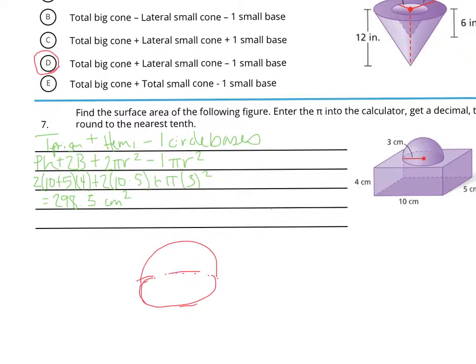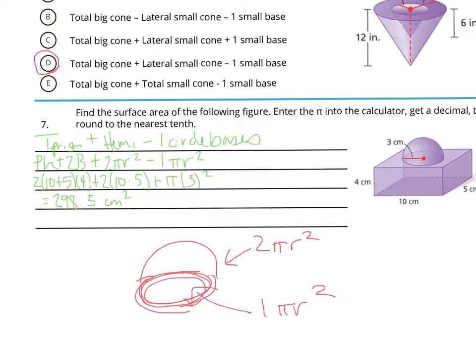We needed the bottom. Remember, you had to do 2 pi r squared for the hemisphere, and then you had to add on a pi r squared for the base because that is not included. So in this case, I don't need to add on this pi r squared for the bottom because it's not getting painted. So I did the total of the prism plus the outside of the hemisphere.